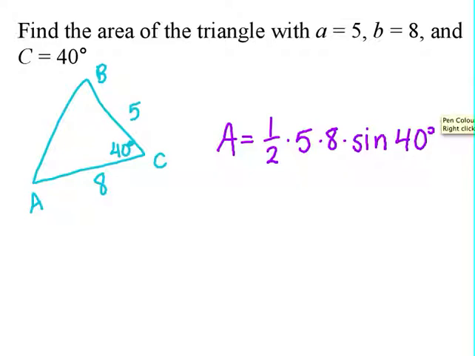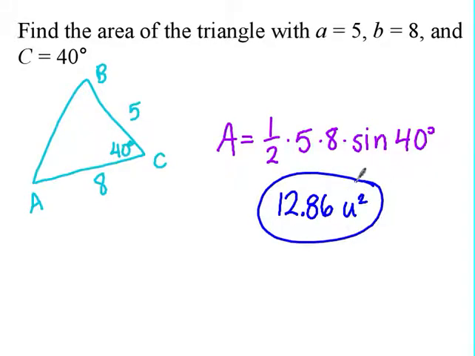What do you get your area to be? 12.86, and in this case it'll be units squared, because they don't give us a unit.